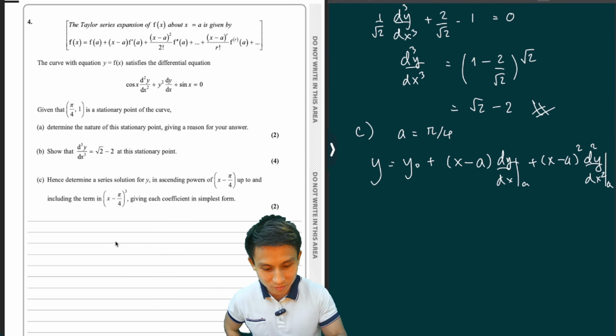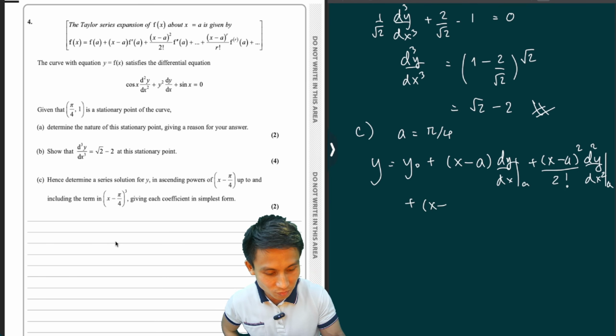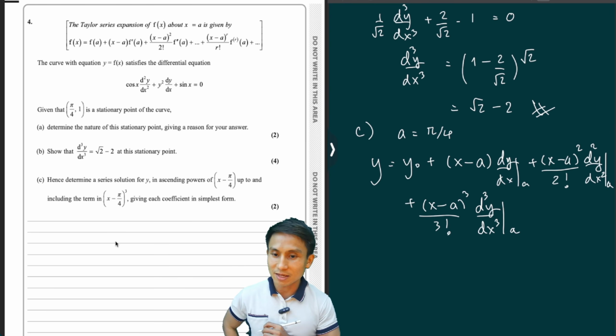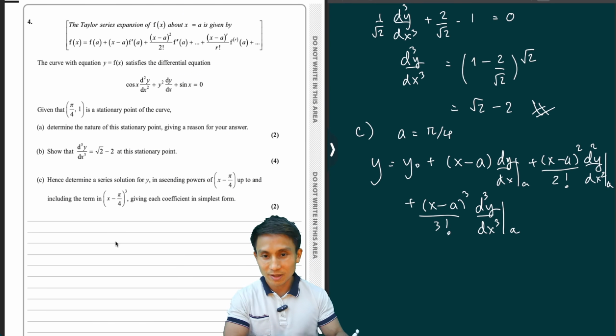We have to do up to the third term, which is also x minus a cubed over 3 factorial, d cubed y by dx cubed at a, and then that's it. I think we stop there, right?